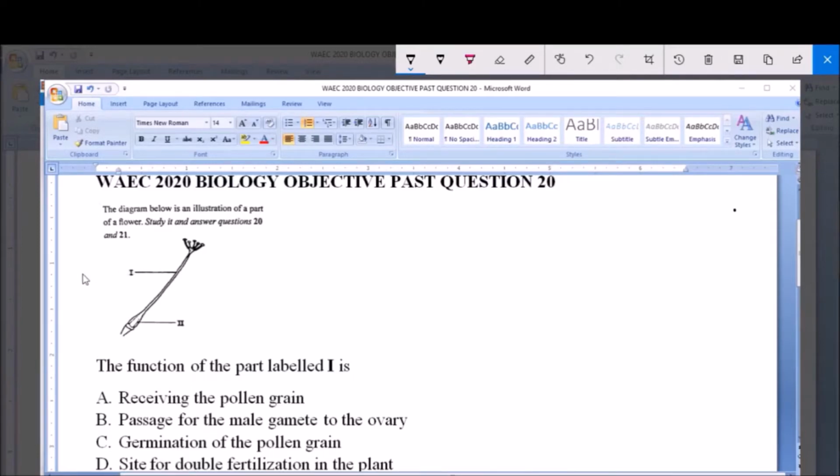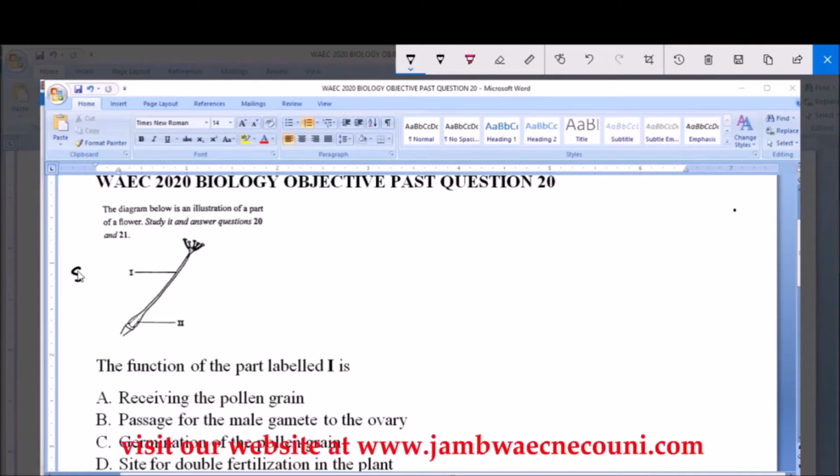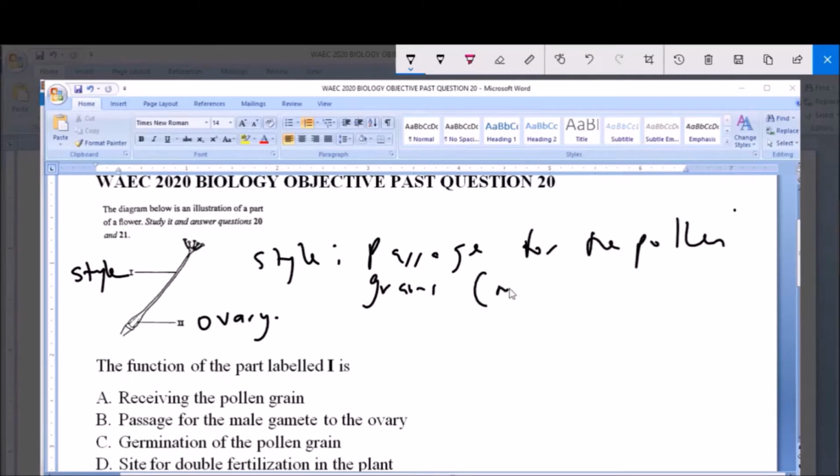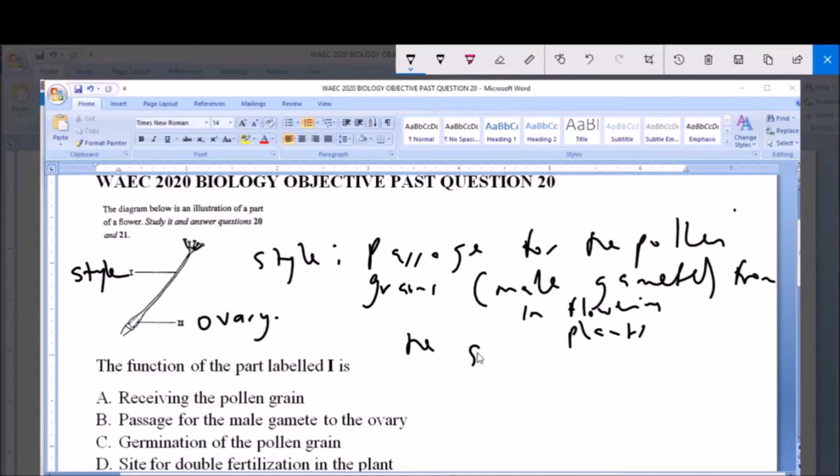This part of the flower labeled 1 is known as the style, and this part labeled 2 is known as the ovary. The function of the part labeled 1, the style, is that it serves as a passage for the pollen grains, which are the male gametes in flowering plants, from the stigma to the ovary.